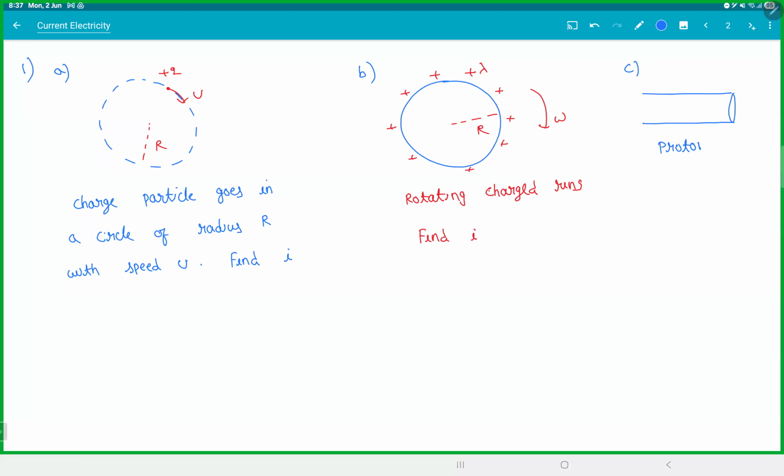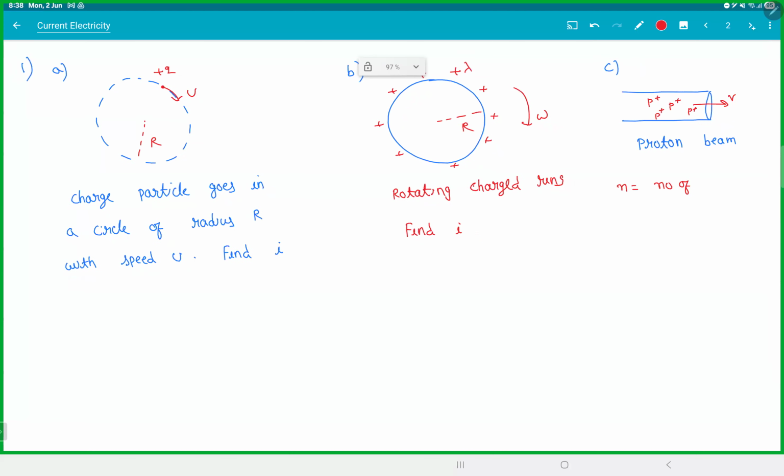This is a proton beam going with speed V, and inside it's full of protons. N is the number of protons per unit volume. A is the area of cross section. Find current.